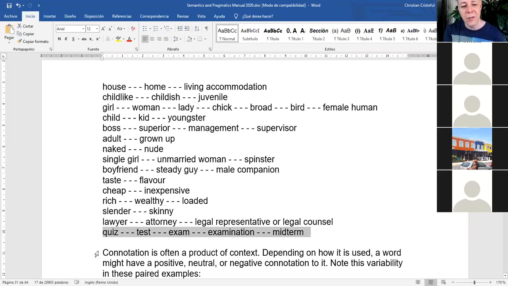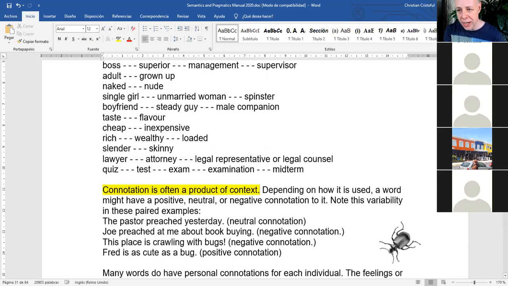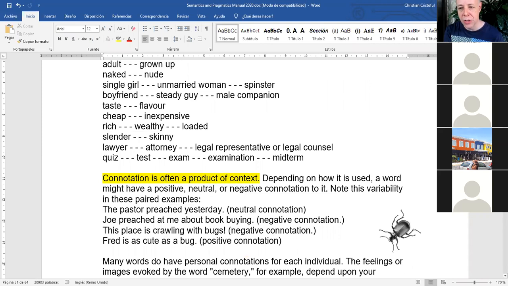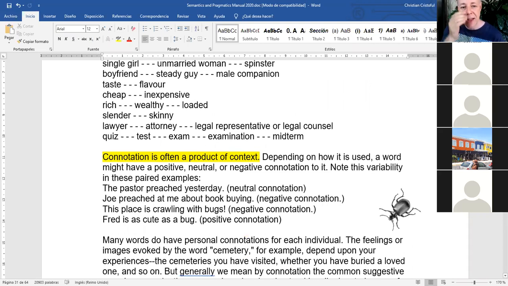So what are you supposed to underline in your manual? This one. Connotation is often a product of context. You change the context and the connotation changes. Examples. The pastor preached yesterday. A pastor is supposed to preach, to give sermons.